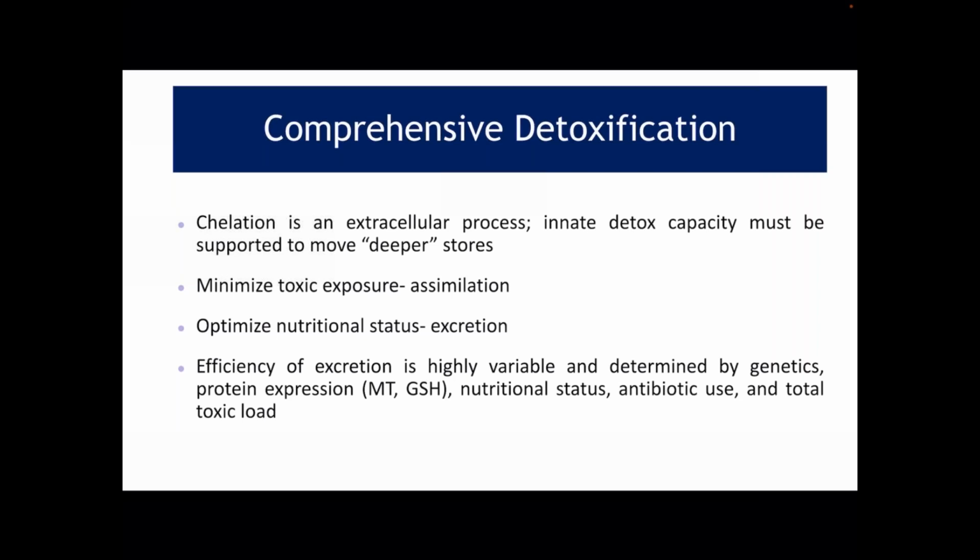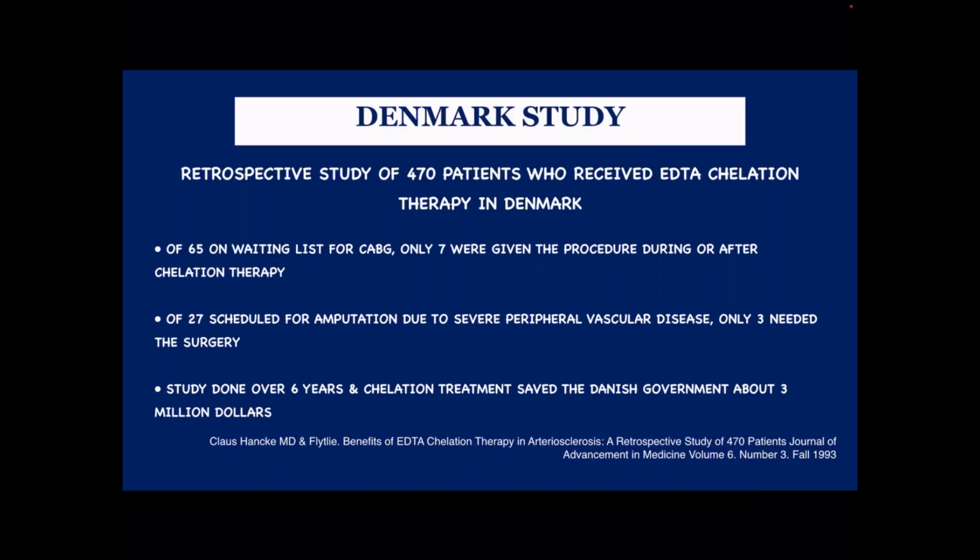And we want to make sure, if there is a genetic issue with methylation, for example, that you have addressed that by monitoring the homocysteine level and utilizing glutathione, and then of course doing the other things that we've talked about, you will get the best result.